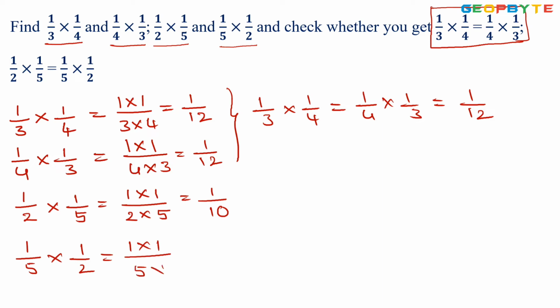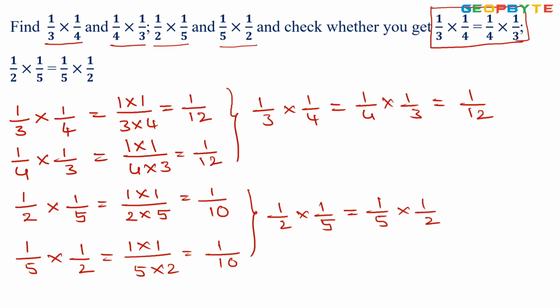Denominators are 5 and 2. So 5 into 2, which is equal to 1 by 10. Here also, for both the fractions, we are getting the result as 1 by 10. So we can say that 1 by 2 into 1 by 5 is equal to 1 by 5 into 1 by 2. So here this is also true.